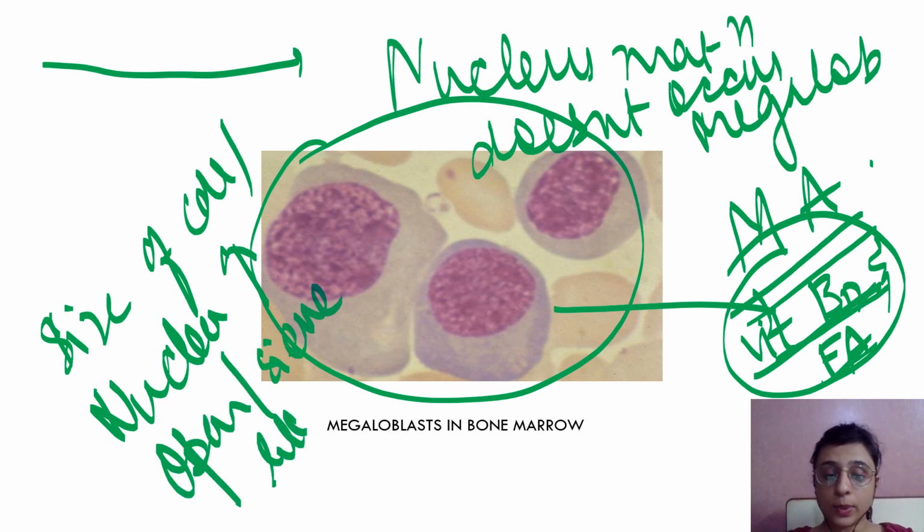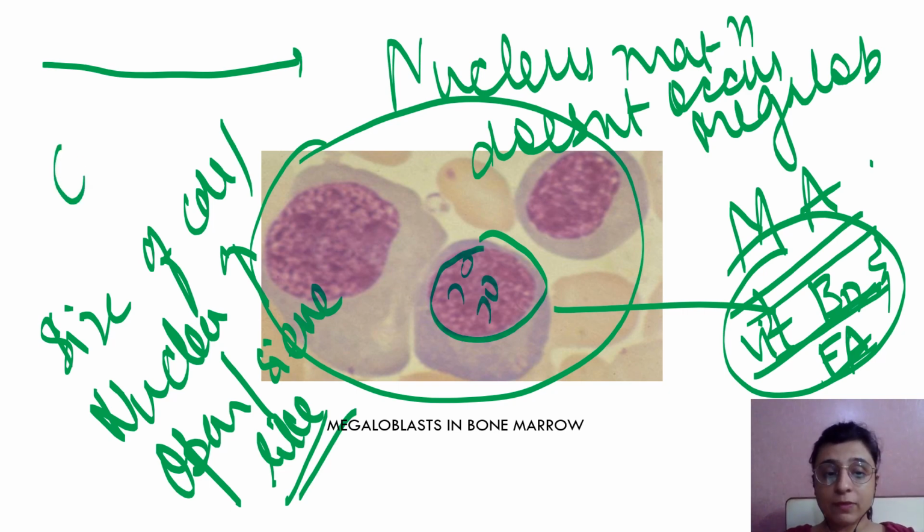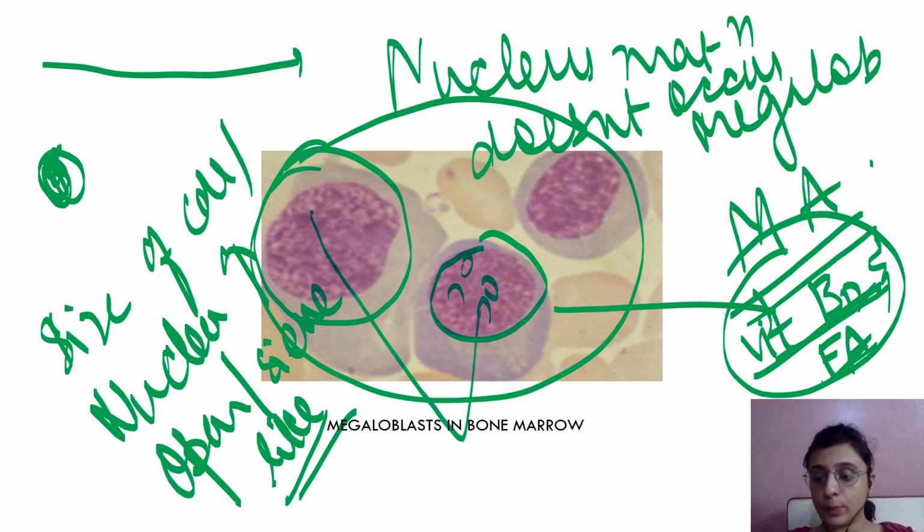Now what do you mean by open chromatin and how do you appreciate it for beginners? You can see these white spaces. Whereas in a complete pycnotic nucleus, that was very basophilic, there were no white spaces, but here you can see something which is open or transparent, we can see through. In simple terms, these are the white spaces you can appreciate. That is a feature of open or sieve chromatin.